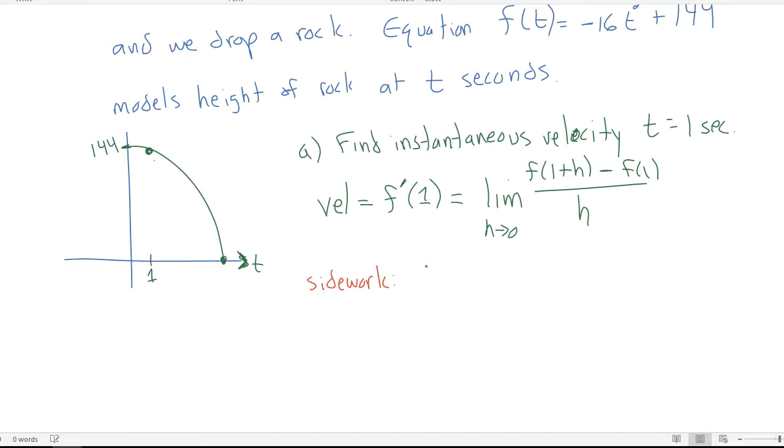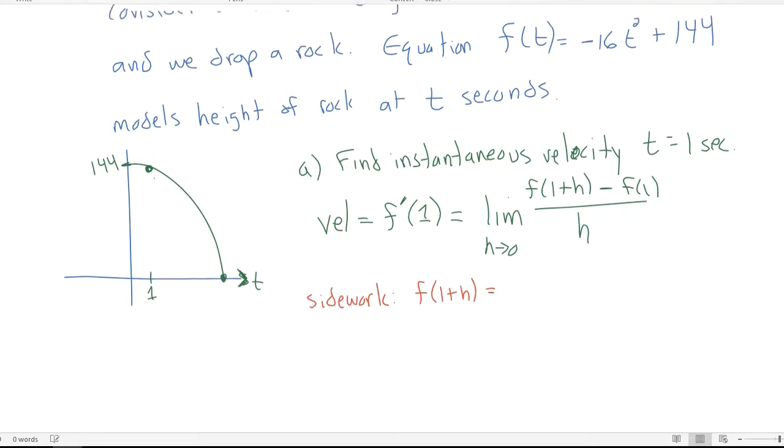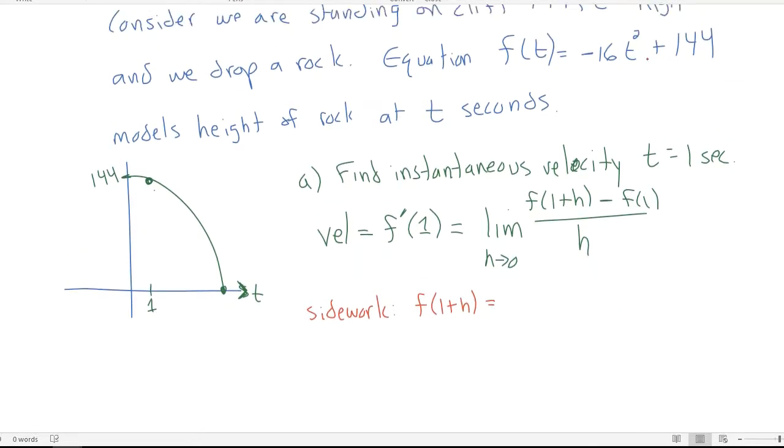So we're going to do f of 1 plus h separately. I'm plugging this into my height equation, so I'm plugging 1 plus h into my variable. So I got negative 16 times 1 plus h squared, plus 144. And then I'm going to simplify this. If I square 1 plus h, I would FOIL.